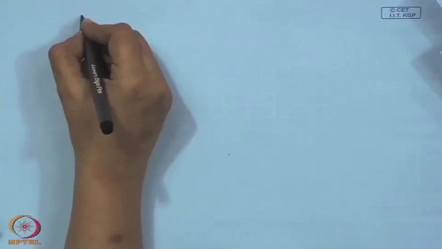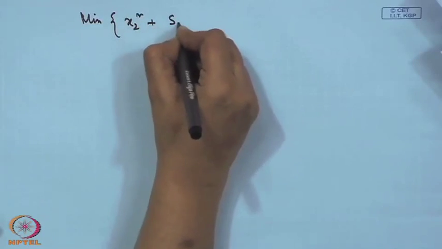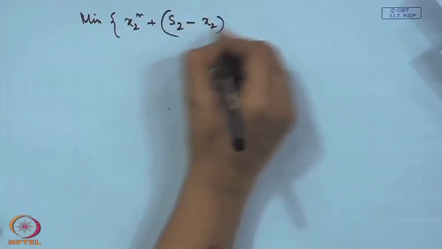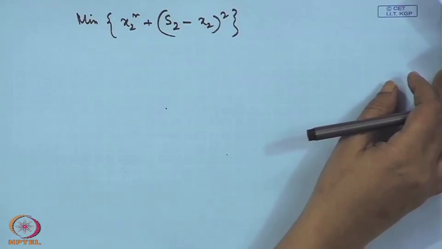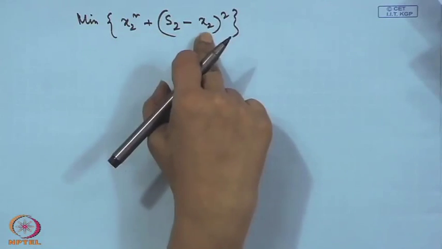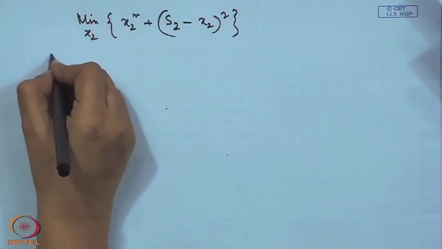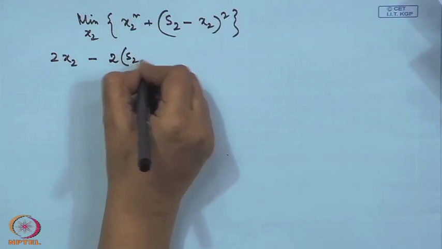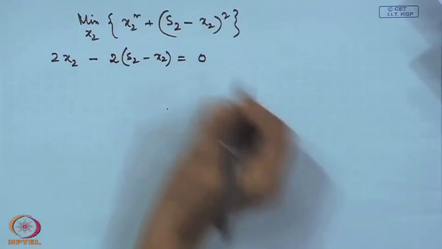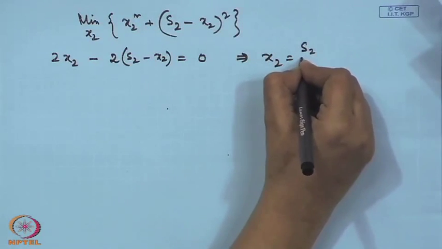That is why our problem is coming here, that minimization of x2 square plus (x2 minus s2) whole square. Now, if we apply the differential calculus technique, then by differentiating this objective function with respect to x2, x2 is the only variable for us, then it will be 2x2 minus 2(s2 minus x2) equal to 0, and this gives the value x2 is equal to s2 by 2.